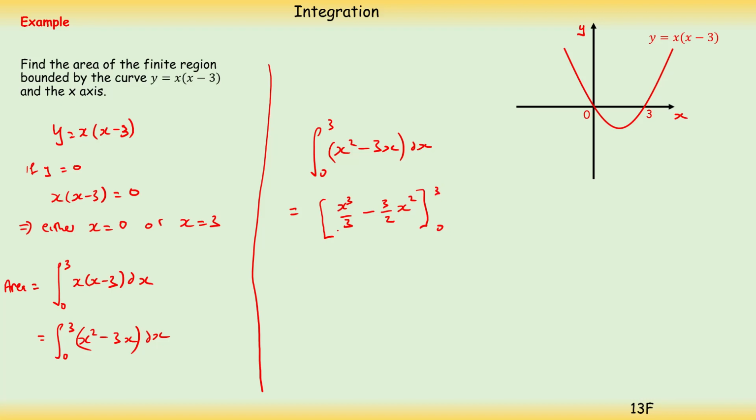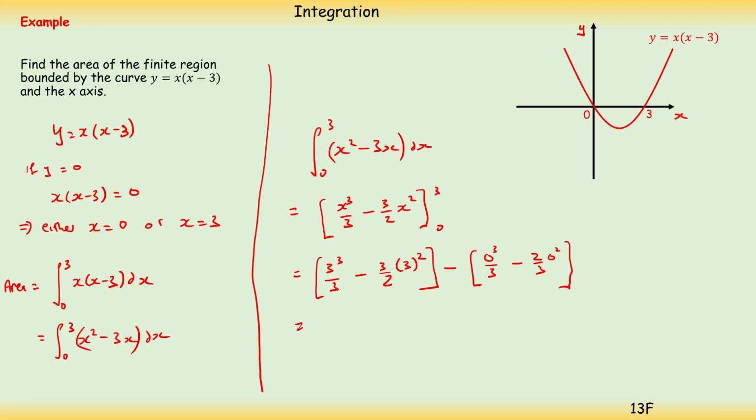And to solve it, then I've got to sub in 3 and 0 and subtract. So I've got 3 cubed over 3 minus 3 over 2 times 3 squared. And I've got to subtract then 0 cubed over 3, which is 0, minus 3 over 2 times 0 squared, which is also 0.